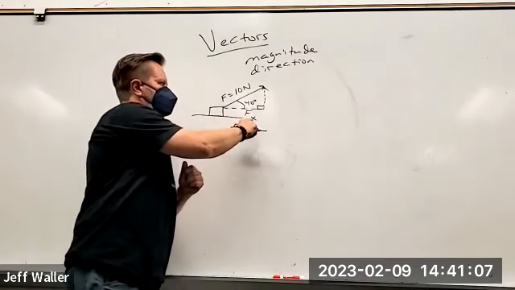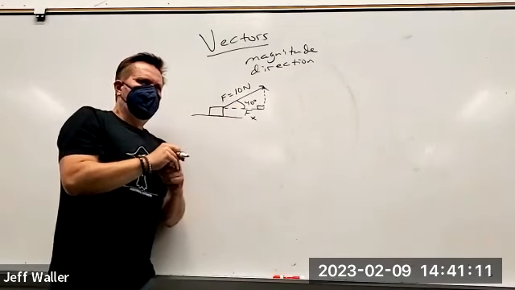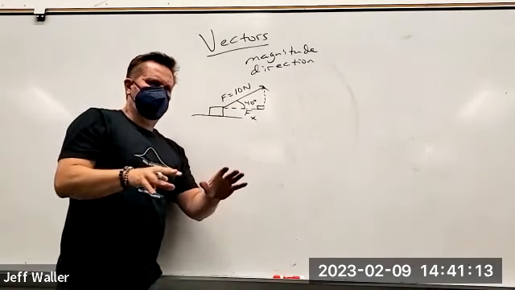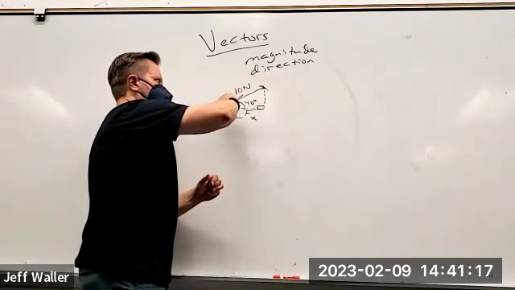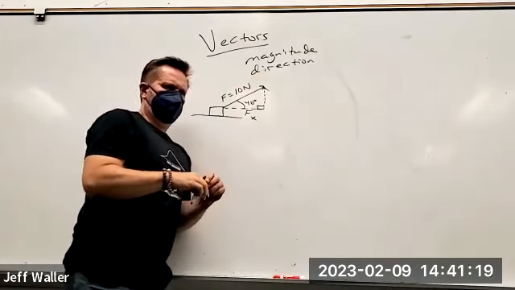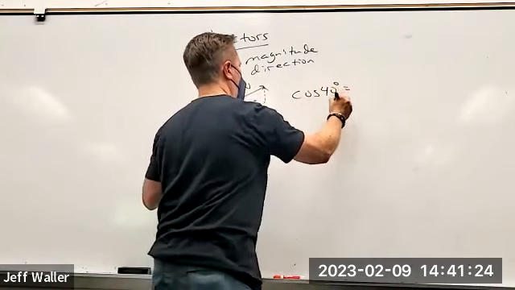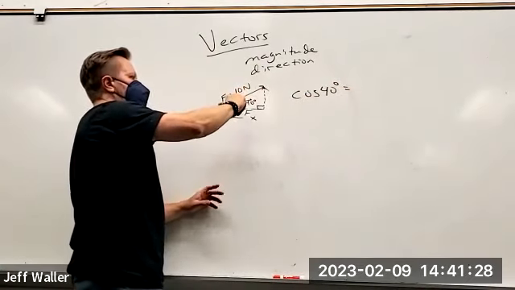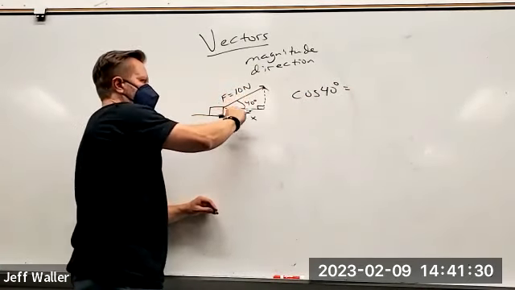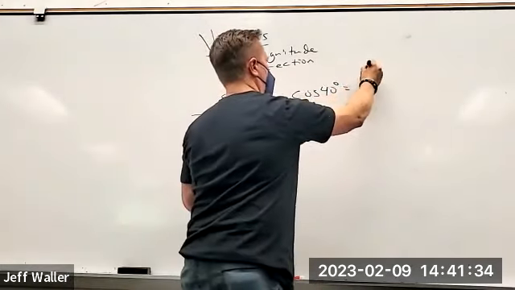Can somebody tell me what the x component of this force would be? What trig function relates this side and this side? Cosine. So what's the cosine of 40 degrees? Don't tell me what the number is. Just tell me from the triangle. Cosine is the x side divided by the hypotenuse.